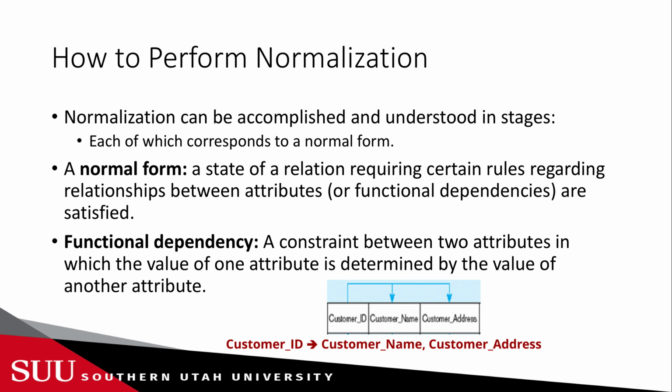So we have a functional dependency by the customer name and customer address on the customer ID. And this is what we mean by functional dependencies. Now, this is not going to be the only type of functional dependency, but we will talk about those functional dependencies.